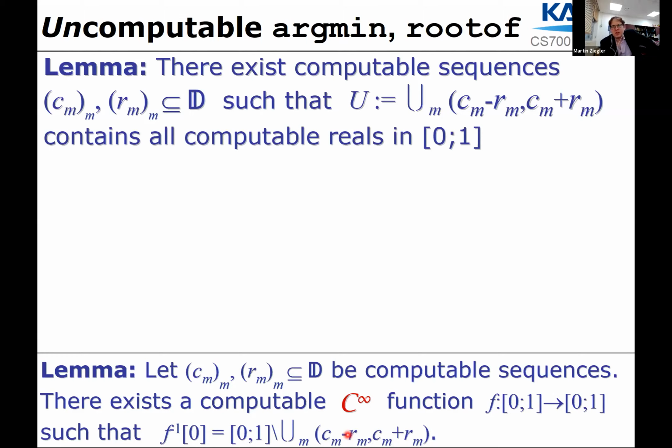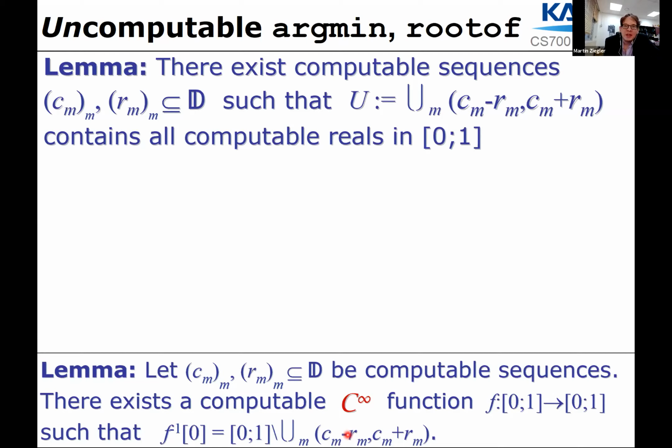Well, that's a trivial statement, right? You can just consider, for instance, the single open interval from -1 to +2. We don't even need infinitely many intervals, just one to cover the entire unit interval.